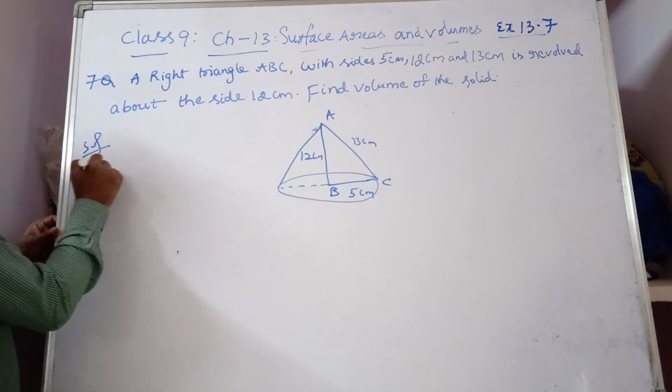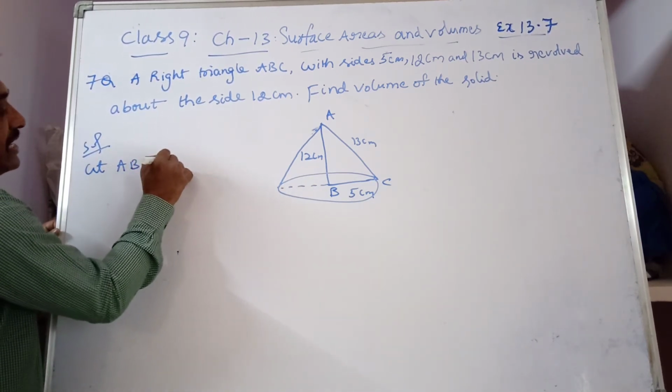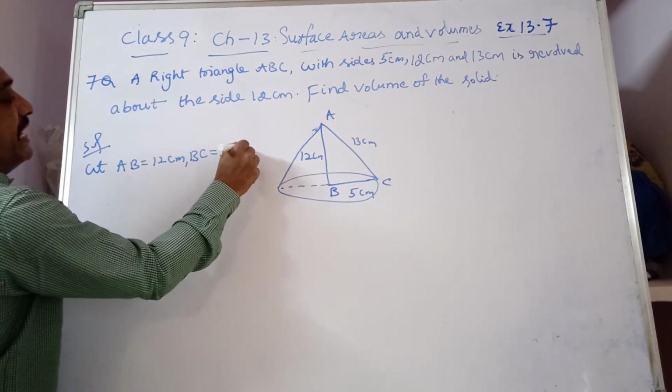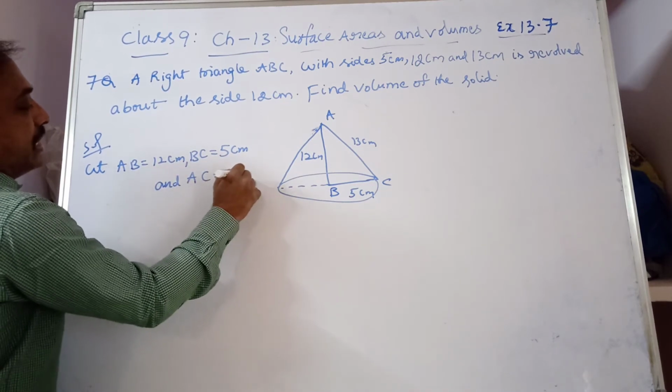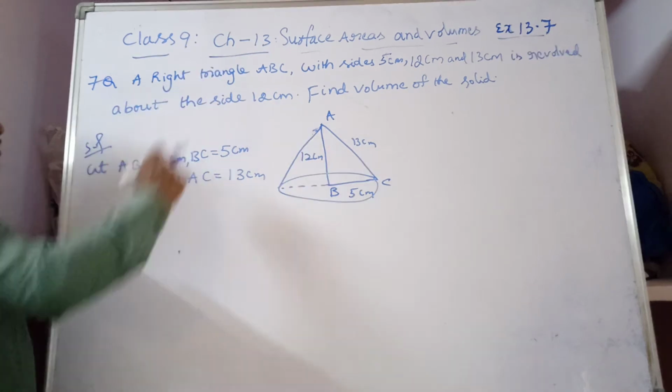So the sides of the triangle, observe it, A, B, C. Let AB be equal to 12 centimeter, BC equal to 5 centimeter and AC equal to 13 centimeter. Triangle ABC is given.